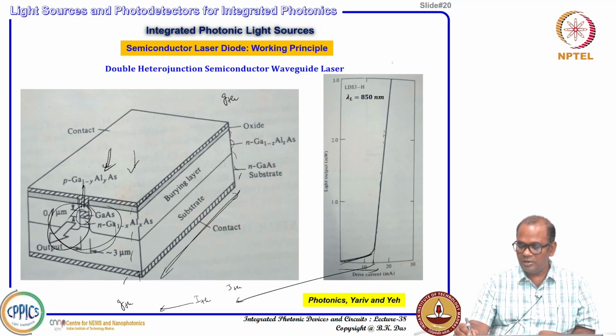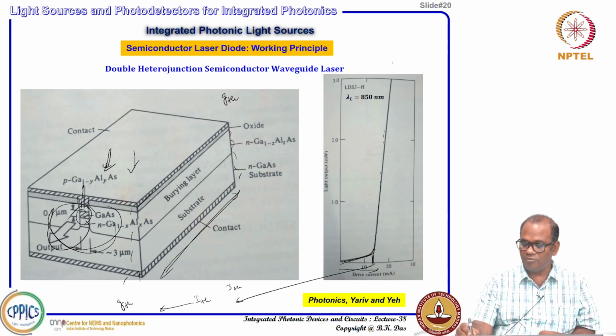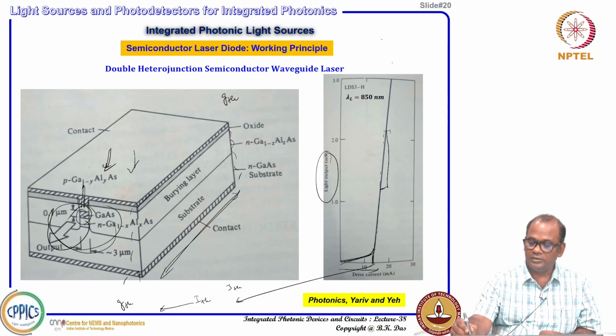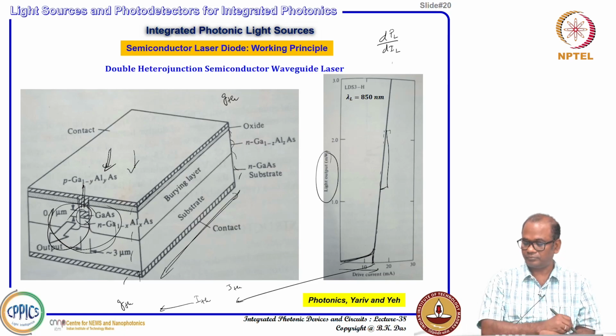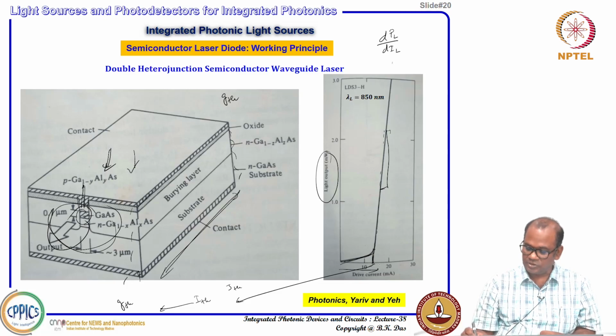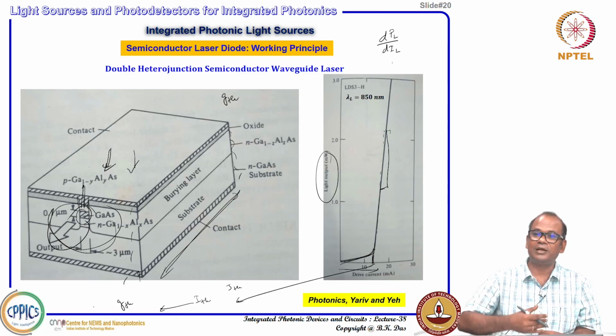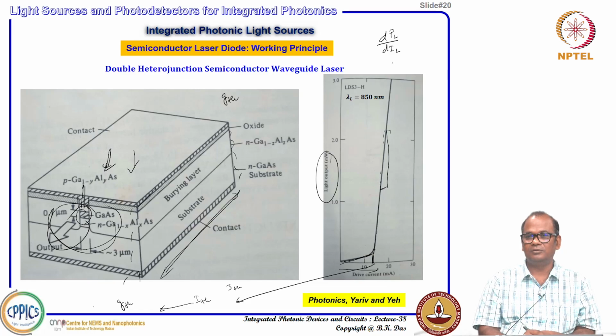Okay. And you can see that this is actually called the threshold gain, right. So, from here we can say that to get a laser your current should be at least more than 10 milliampere, 15 milliampere or so. Now, if you take the slope here, that means the laser output, dP_L by dI_L, instead of I_L you can think of how much electrical power you are actually consuming.